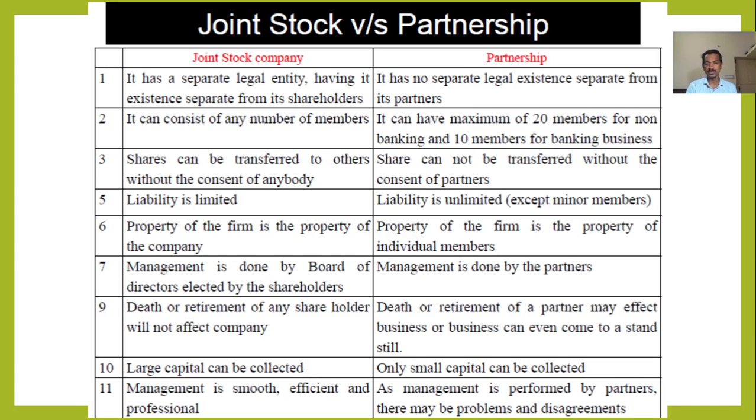Next, joint stock company versus partnership firm. The name itself indicates joint stock. The capital will be raised, or collected, from a larger number of people. In partnership, there are certain limitations to raise the capital.